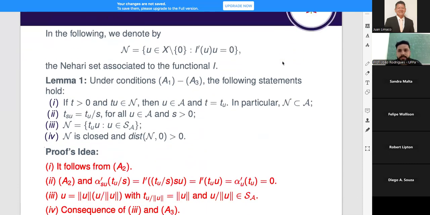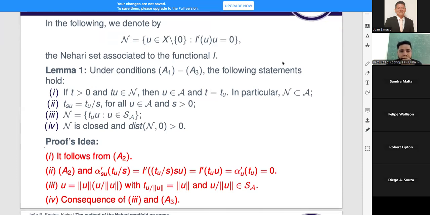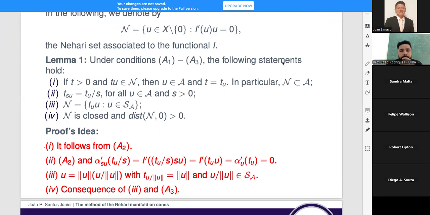This is a very important lemma here because we can prove some topological properties of the Nehari set. For example, the Nehari set is closed and the distance of the Nehari set to the origin of the space is strictly positive.